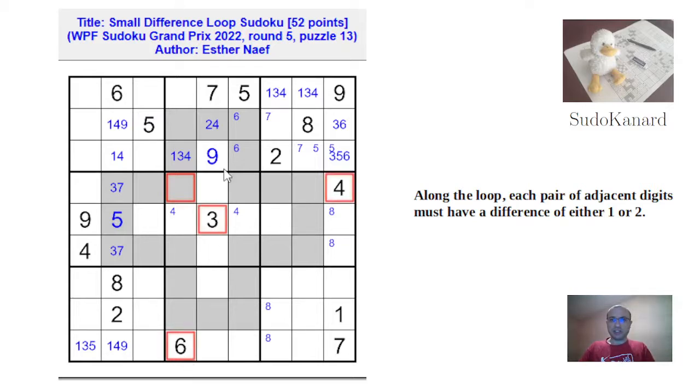I just can't explain why this is only worth 52 points. So this is 2, 5, or 1. And this could still be a big digit. Could still be a 6. We could have 5, 6, and 7, with a 3 or 4 here.